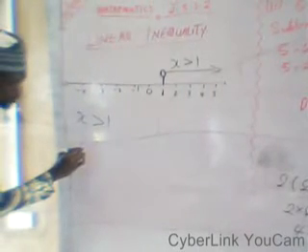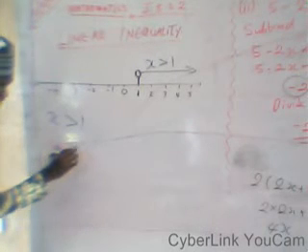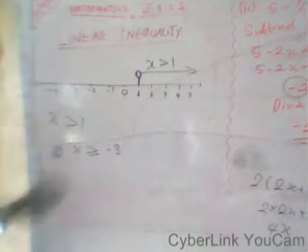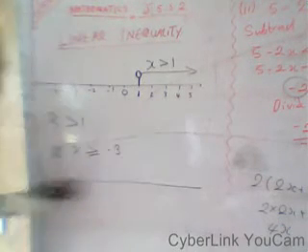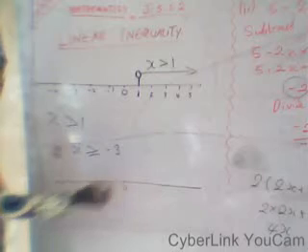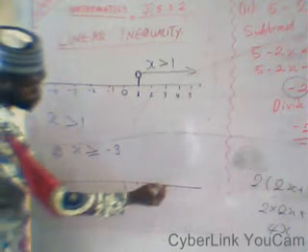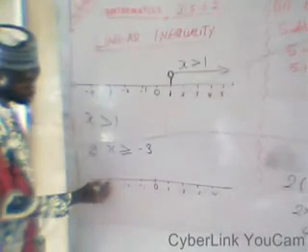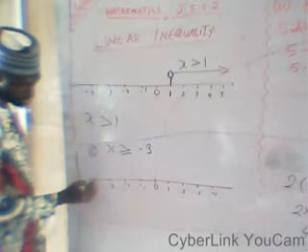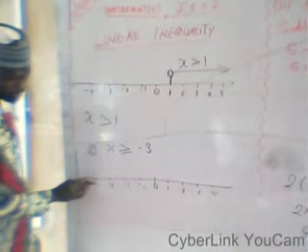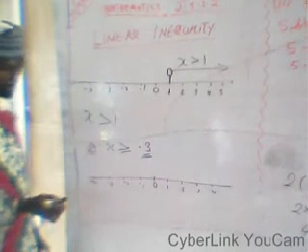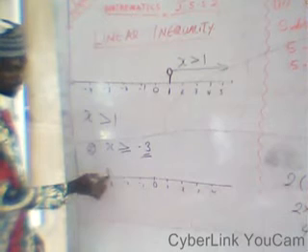The next one, assuming we have x is greater than or equal to minus 3. In this one, having your number line, you start from the center 0, 1, 2, 3, 4, and like that, minus 1, minus 2, minus 3, minus 4. You now come to where you can see your value, minus 3. The minus 3 is here.